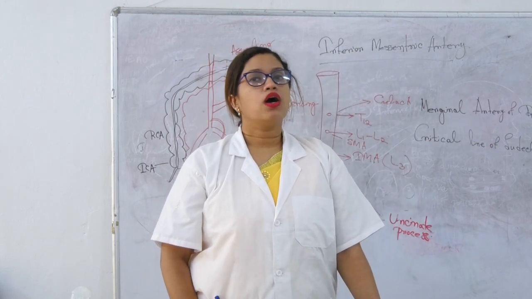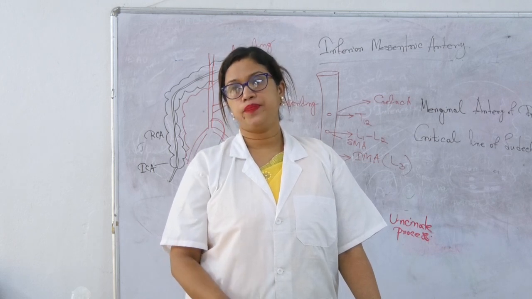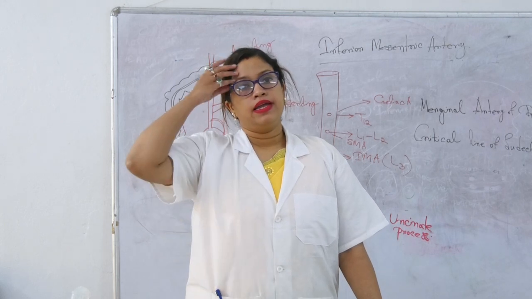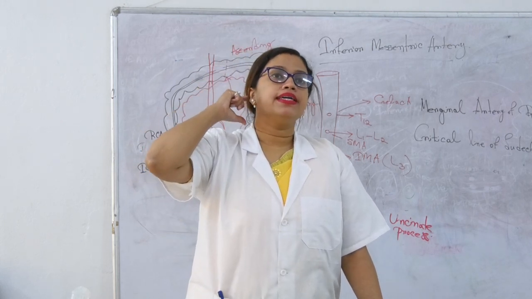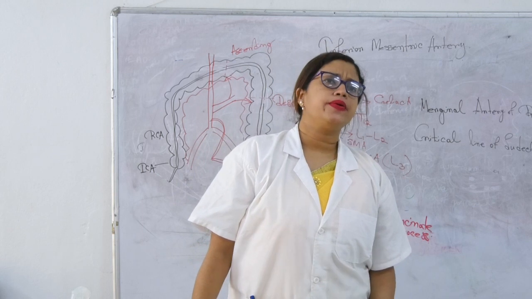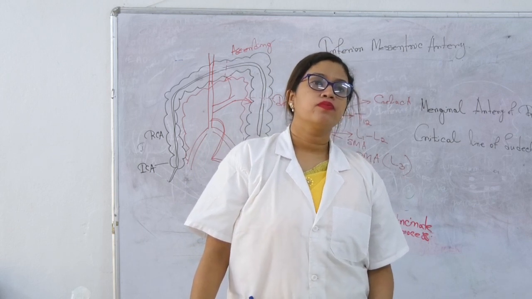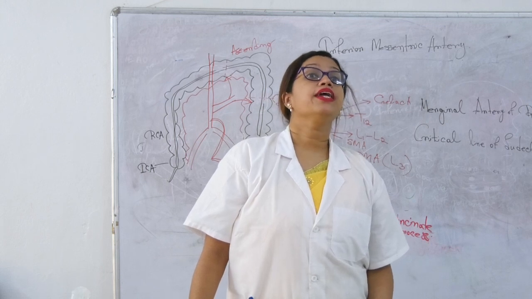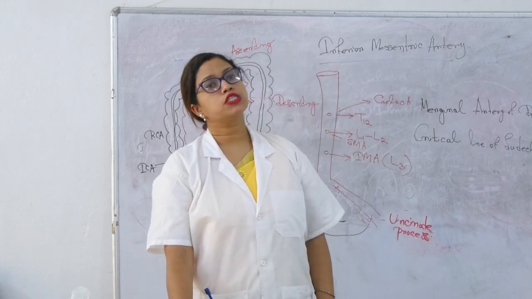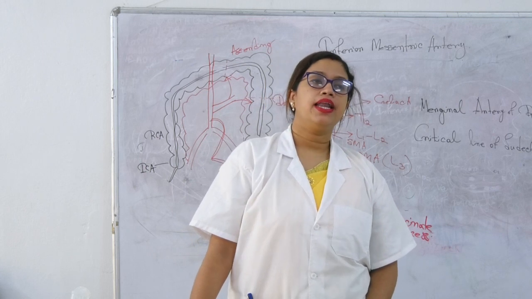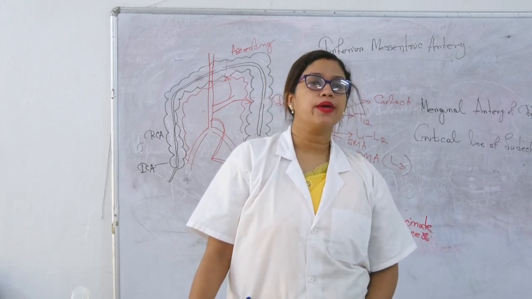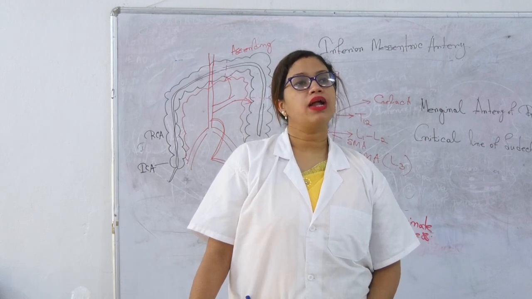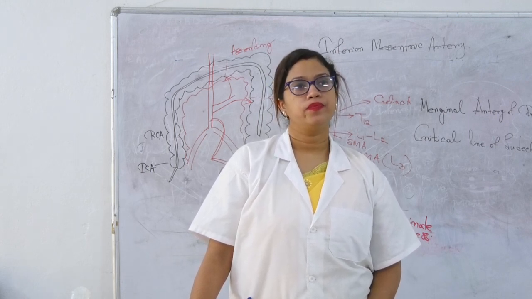Then about the left gastroepiploic artery, it is a content of which ligament? The splenorenal ligament. Then the last one is the hepatic artery. So what are the branches of the hepatic artery?